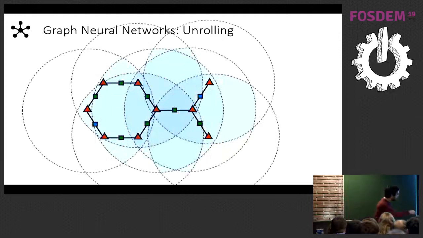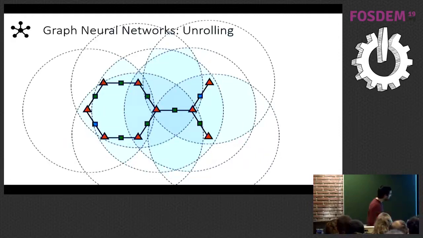Now my node 2 received another message from its neighbor, but its neighbor had already received a message from its own neighbors. So now it has information about its distance 2 neighborhood. So in that sense, we are getting more and more contextual information as we keep repeating this neural message passing algorithm.